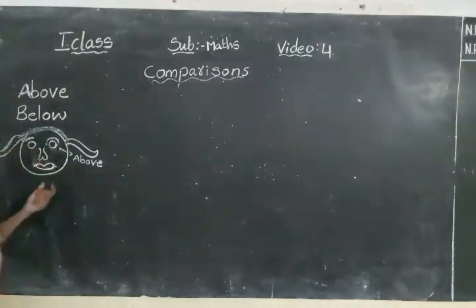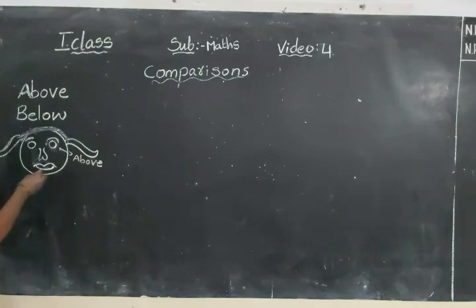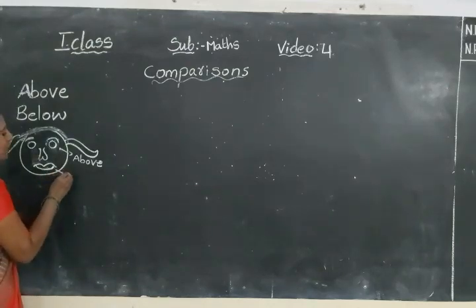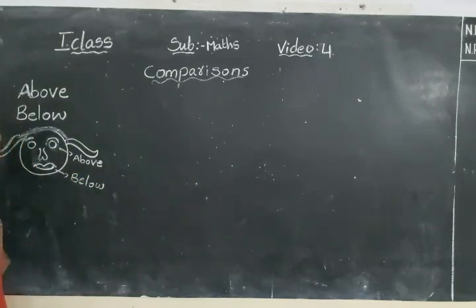And what is the place of the mouth? See children, what is the place of the mouth? Is it above or below? Yes, it is below. The mouth is below the nose. See that? The mouth is below the nose. So this is B-E-L-O-W, below.